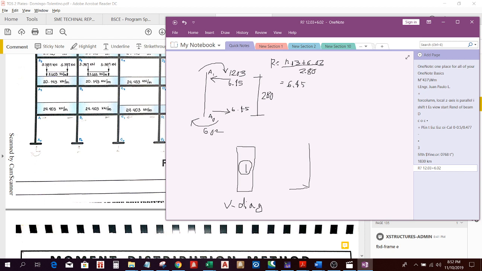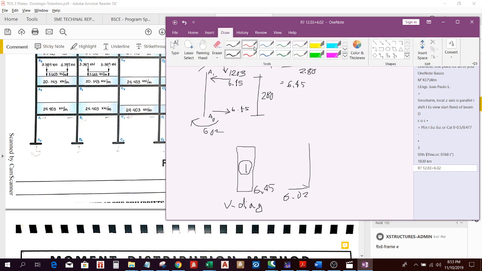Now, to be consistent, take note this is 6.02, and the value of this shear is 6.45.